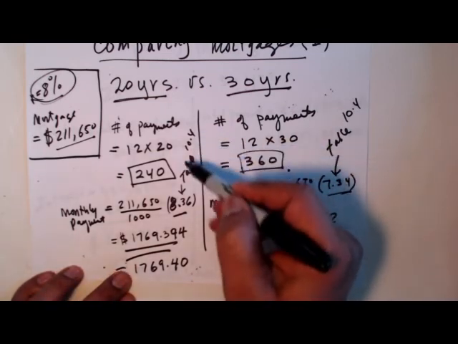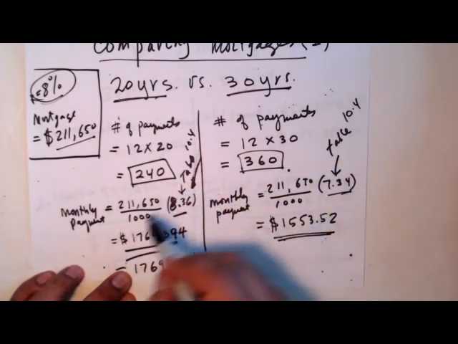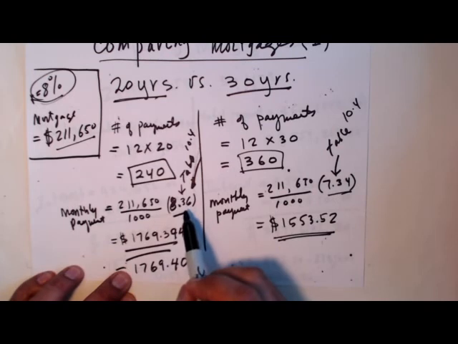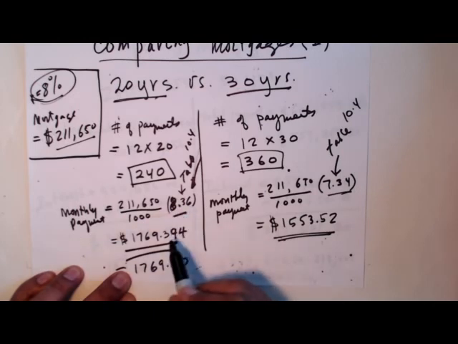When you go back to the table and look at these numbers, you will look at 8% for 20 years, the factor, the multiplier, is 8.36. Now you do this calculation and you get 1,769.394. Then you round the numbers.